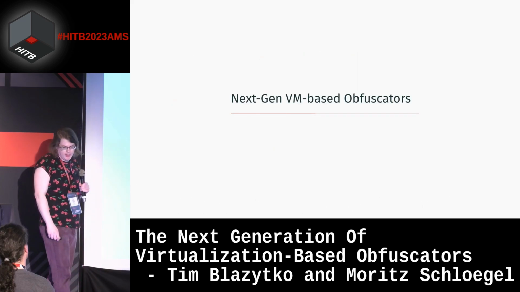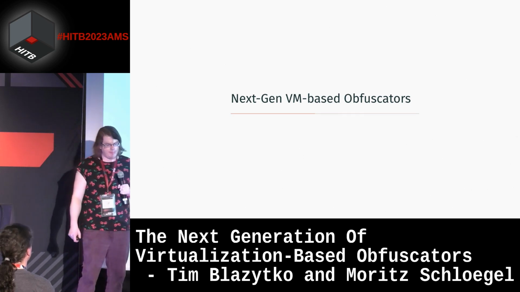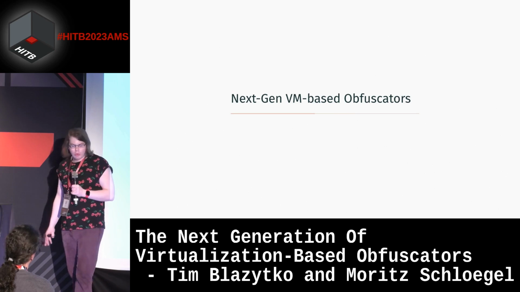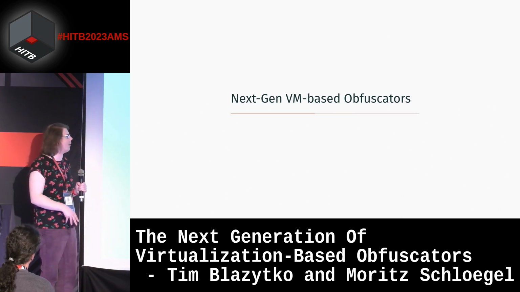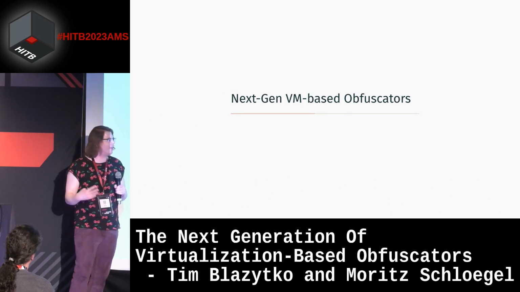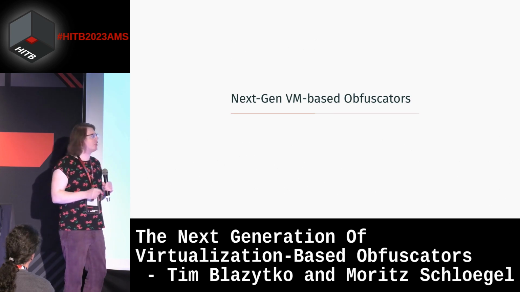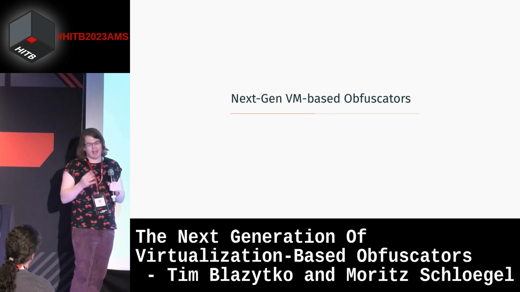However, there's something going on in industry and also in academia. There's a new generation of VM-based obfuscation up on the horizon and also already deployed in some high-end real-world applications, which take VMs to a next level.